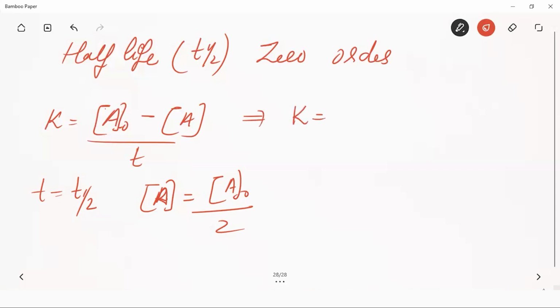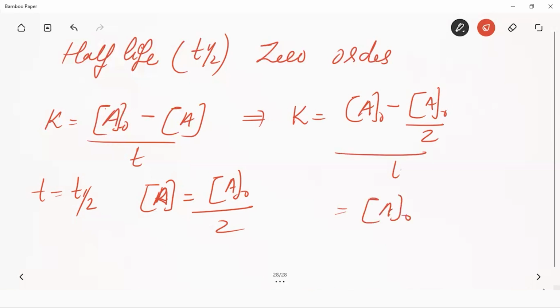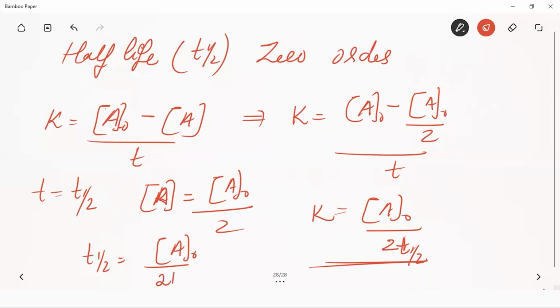You will be getting k equal to (A0 minus A0 by 2) by t, so I'll be getting A0 by 2 over t, with t becoming T half. So you can write this formula: T half is equal to A0 by 2K. This is the equation to find the T half of a zero order reaction.